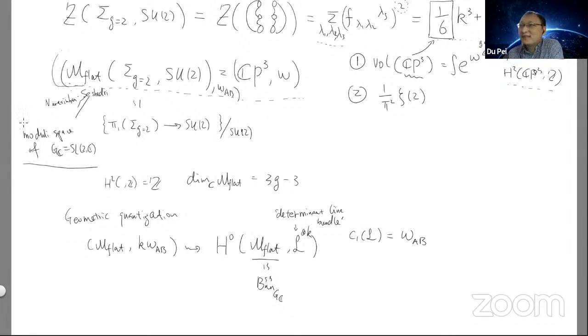To be more precise, there is some kind of stability condition that needs to be included to get a well-defined moduli space.